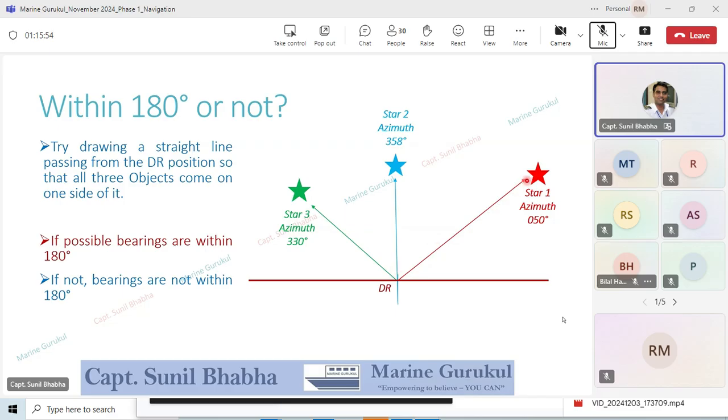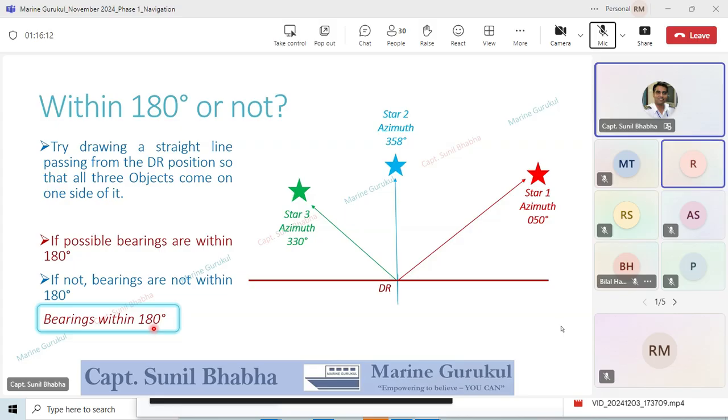So since all of them are falling on one side of the line and it is possible, these bearings are within 180 degrees. So in this particular case, the bearings lie within 180 degrees.